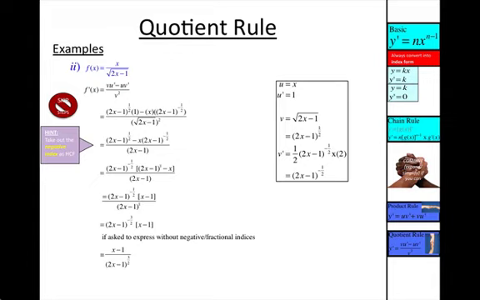Now we need to get rid of the fractional index. Remember how fractional indices work? The roots are beneath the ground, so the roots are on the bottom. So the 2, which is the denominator of the index, becomes the root. So it's the square root of 2x minus 1, all cubed.